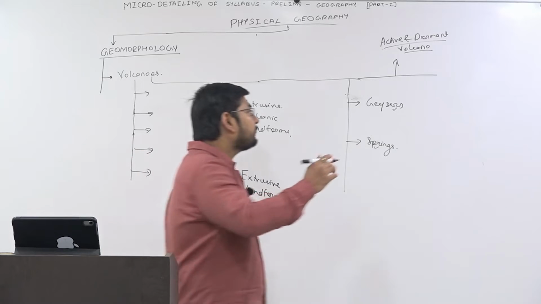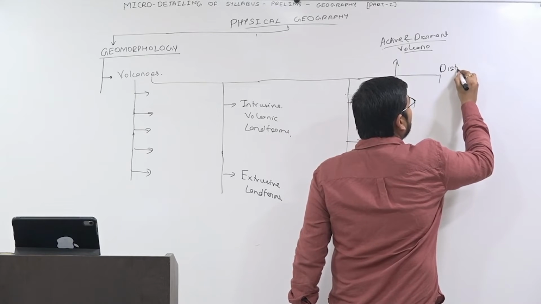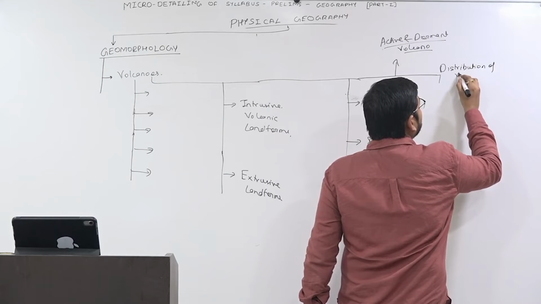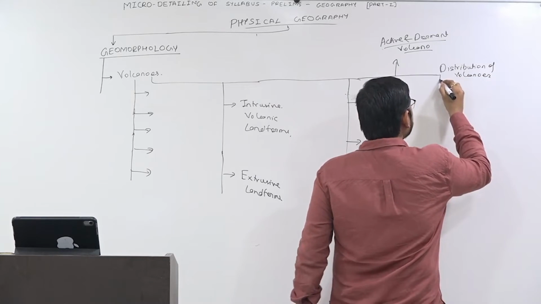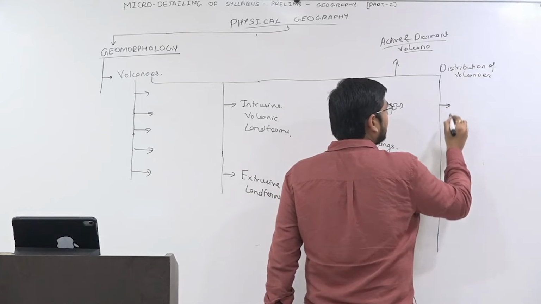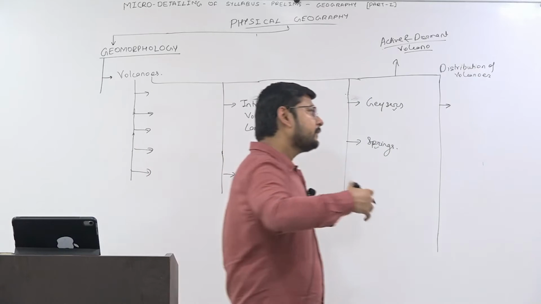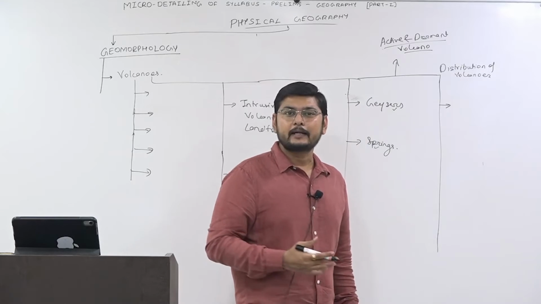Then we have a very important topic here, that is the distribution of volcanoes. In the distribution of volcanoes, we see that different types of volcanoes are present over various regions, which is basically studied through plate tectonics.